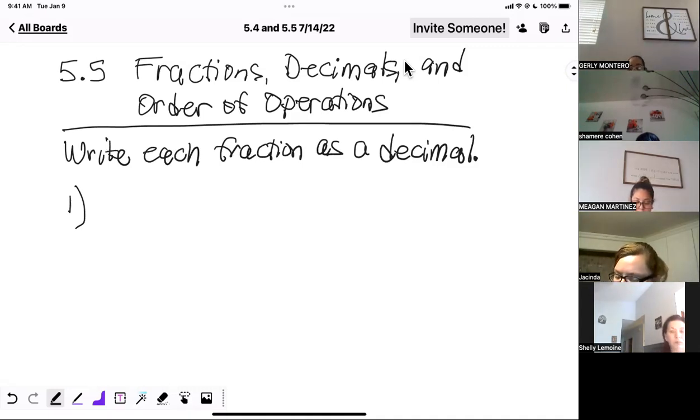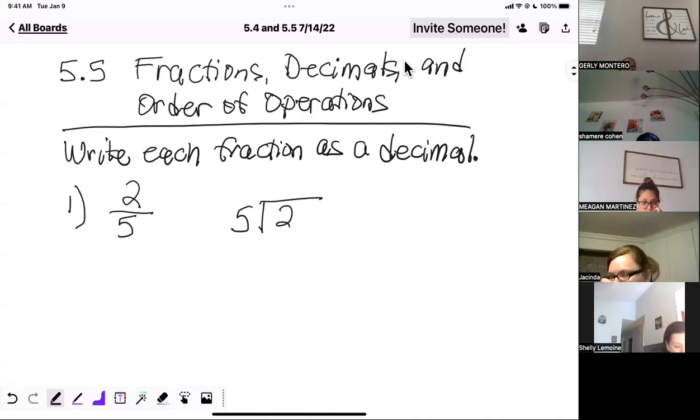Okay, say I want to know what the decimal form is of 2/5. There's actually 2 ways to do it. The first way is just divide them, because 2/5 is really 2 divided by 5. So 2 divided by 5. That's really what it means.